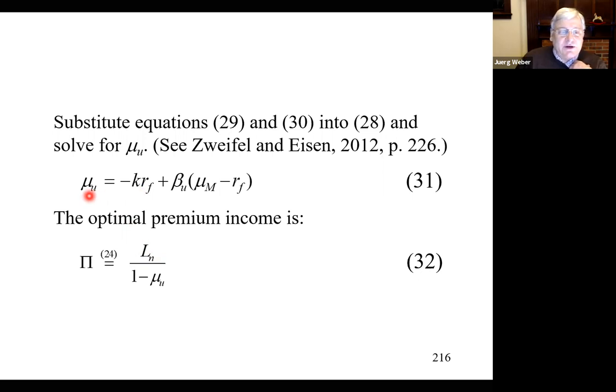So the underwriting return is again a risk adjustment. The riskiness of the underwriting business, adjusted for this credit that the shareholders get from the insurance buyers.